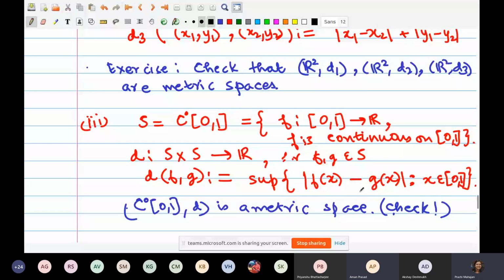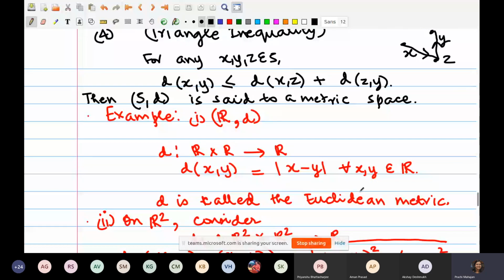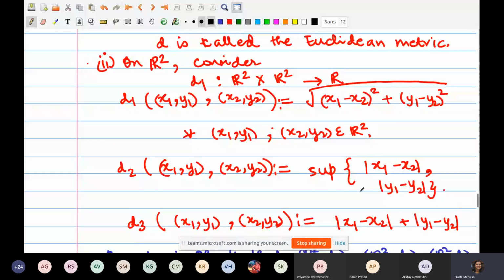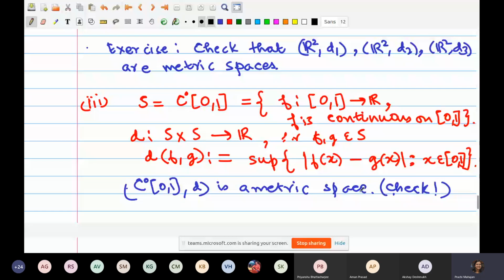Also I need to make sure that properties 1, 2, 3 and 4 are satisfied. For example, I want property 2 to hold. If the distance between f and g is 0, that should imply f equals g. If you go back and say the distance between f and g is 0 without the supremum, what do you make sense out of it?